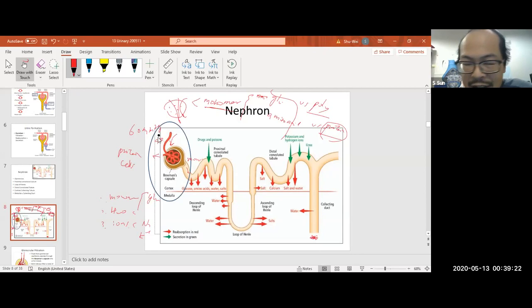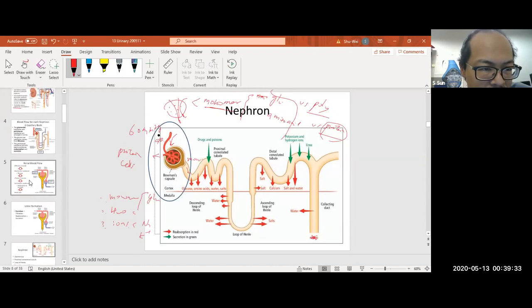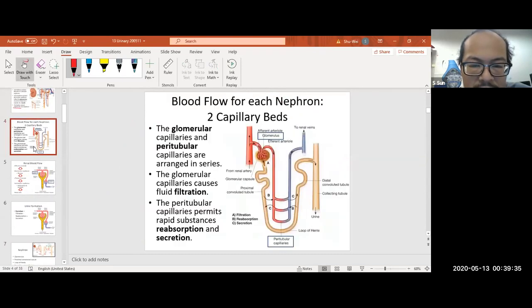Okay, so that's the blood, and this portion is called the tubule. Before we go in there, let's look at the blood. So here is the blood system that's going into this strainer, called the glomerular capsule.